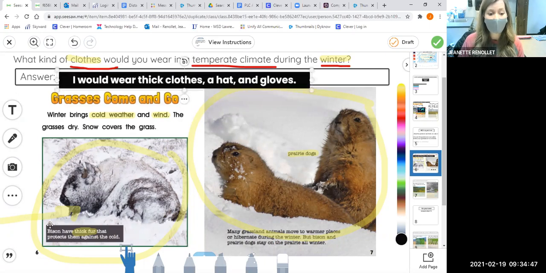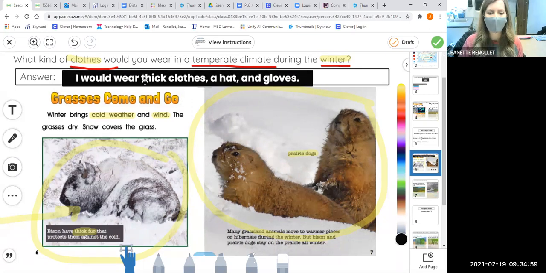I found some evidence about thick fur, cold weather, and wind that will make me so cold. Then I can answer the question using as much evidence as possible. And I put it in the answer box. Go ahead and check that you have an answer recorded using some information from the text. Remember, we call this evidence from the text.